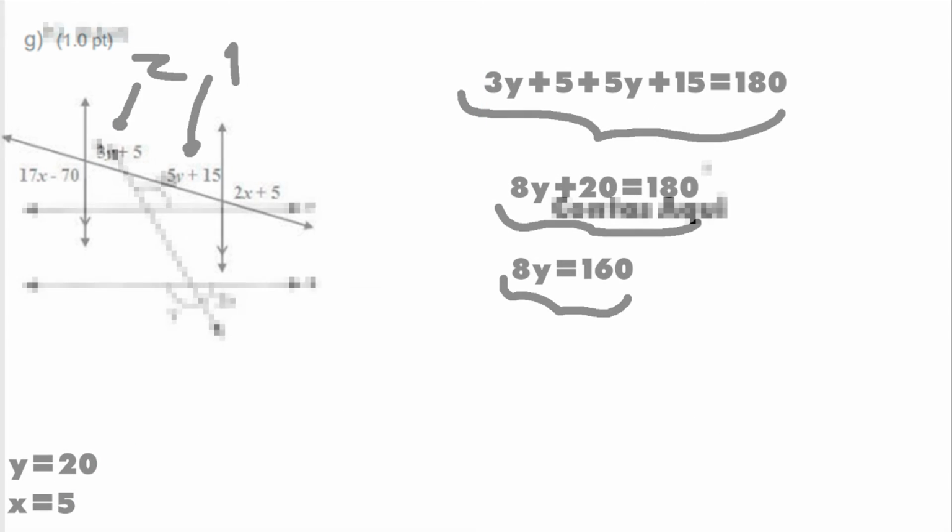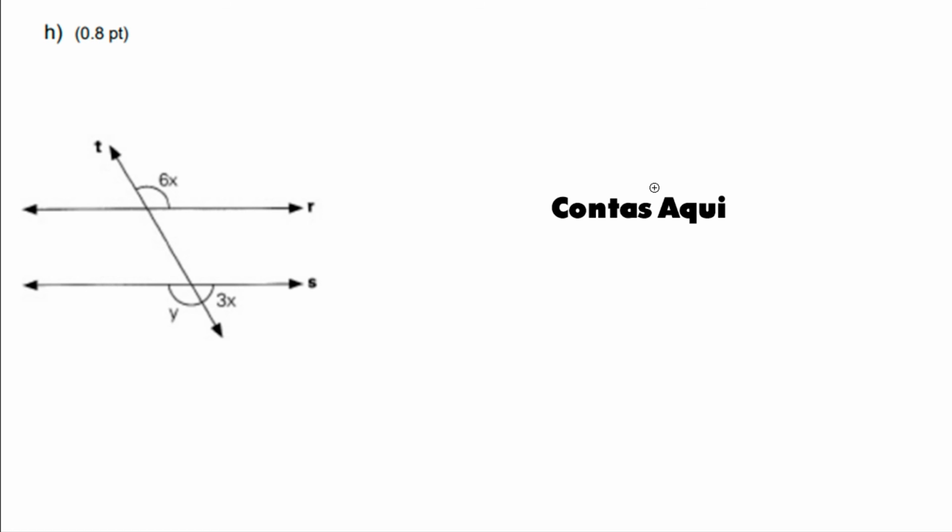For h, you can see that this one is a little strange as well, but it's going to turn out to be very simple. You can see that this angle, which I'm going to call angle 1, and this angle, which I'm going to call angle 2, are supplementary, right? But if we add them to get 180, it wouldn't work for the equation because they have different variables.